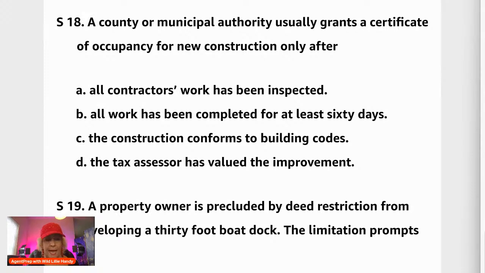So everything has to meet building codes. And there are a lot of different stages of how the city inspector, county inspector comes and inspects. It's mostly in the city. Counties don't have as many restrictions. They do go and inspect, like the foundation.